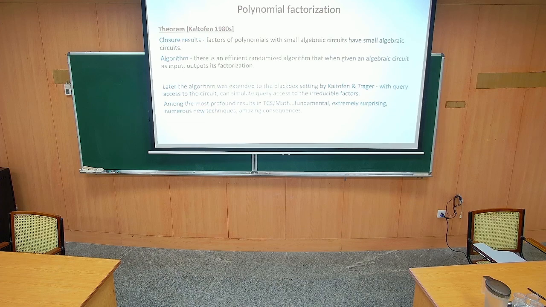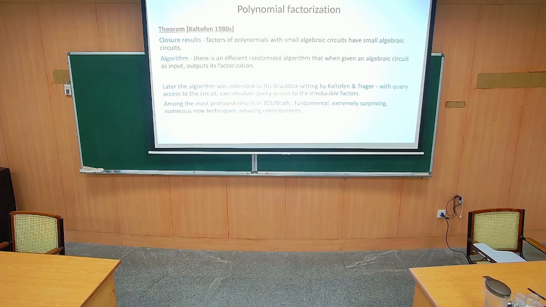I think it's among the most profound results in all of TCS and adjoining areas of math. It's fundamental. It addresses a very, very basic question. It's extremely surprising. I don't think people expected closure of circuits at the time. It's one of these examples of a question where we asked the right question and we got an answer, and this happened in the 80s. It's quite amazing. The sequence is not one paper, it's multiple papers of Kaltofen and a bunch of other people.